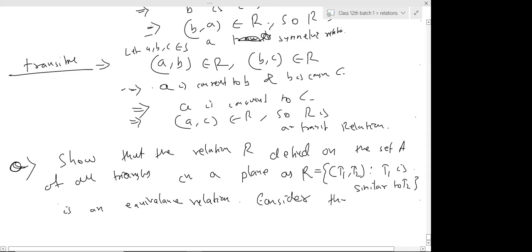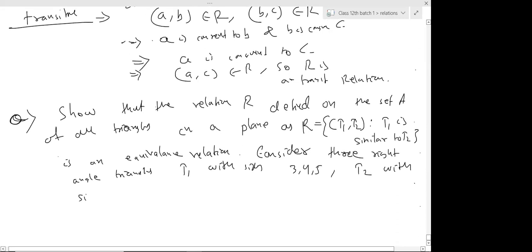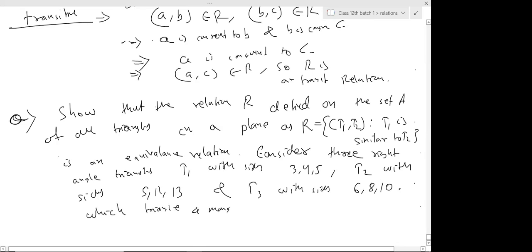Consider three right angle triangles: T1 with sides 3, 4, 5, T2 with sides 5, 12, 13, and T3 with sides 6, 8, and 10. Which triangles among them are related?